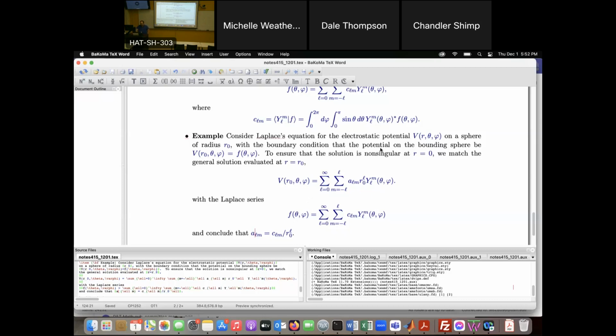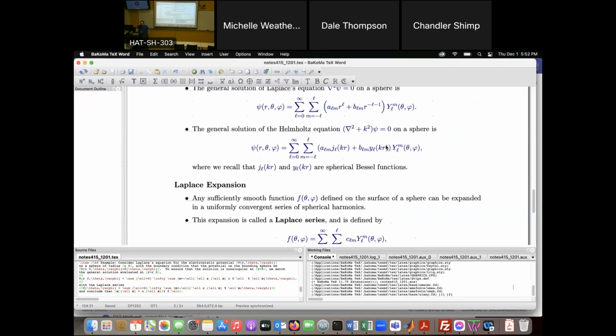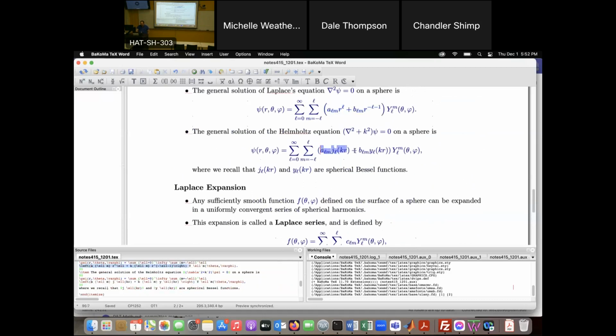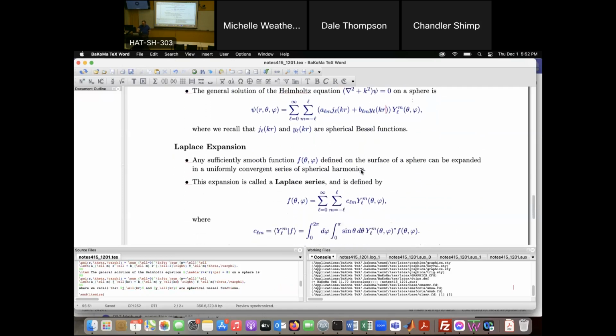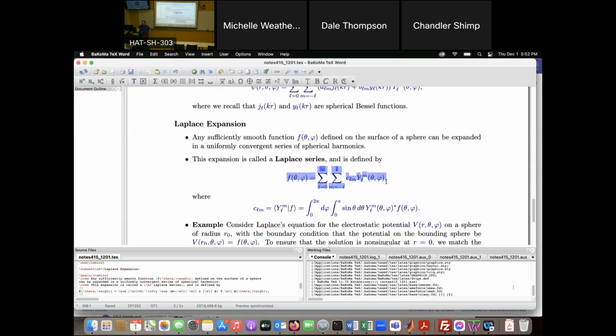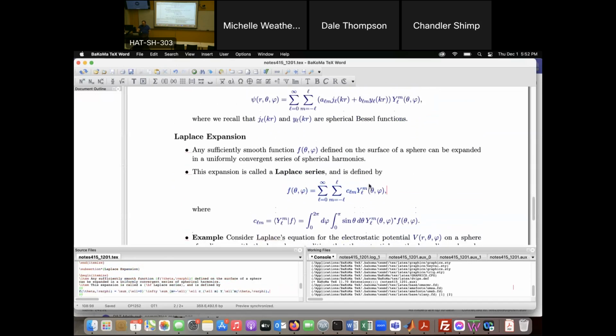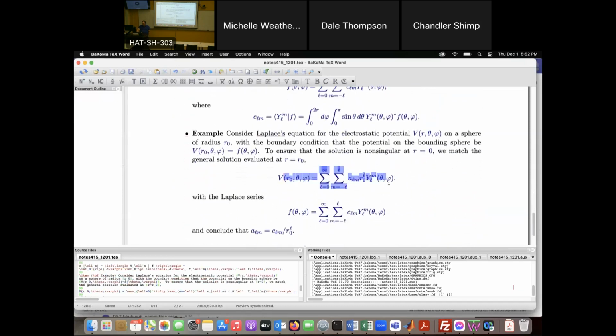And then whatever kind of solution you get from your ODE for your remaining variable r, you put that in your general solution. To figure out how to enforce the boundary condition, whatever boundary condition you have, you make use of a Laplace series for your boundary data, and you match that against the series that you get from substituting the boundary condition.